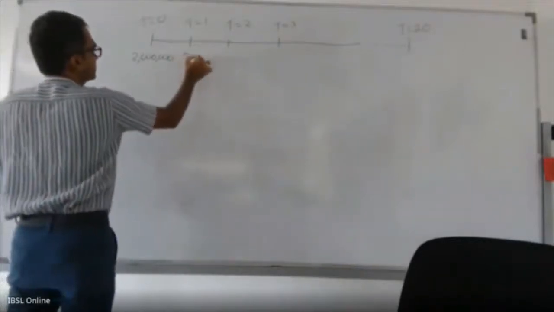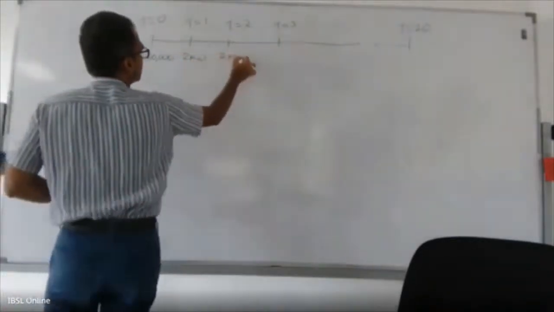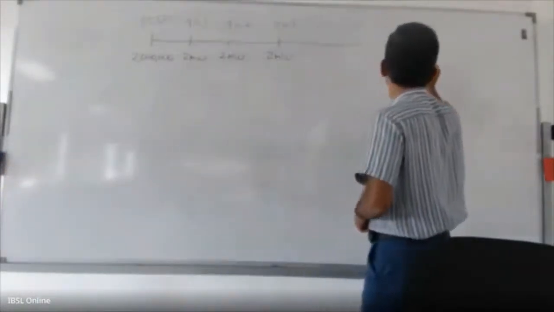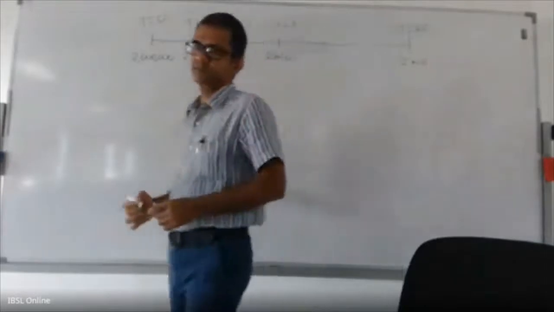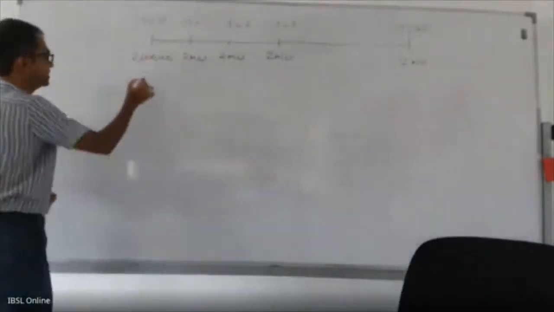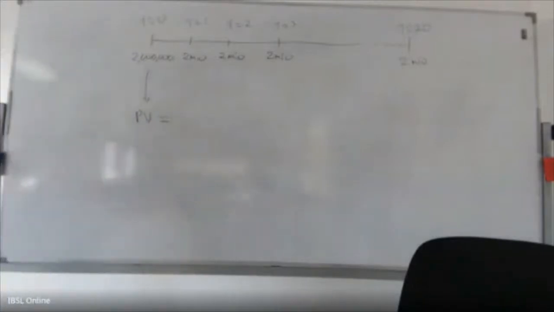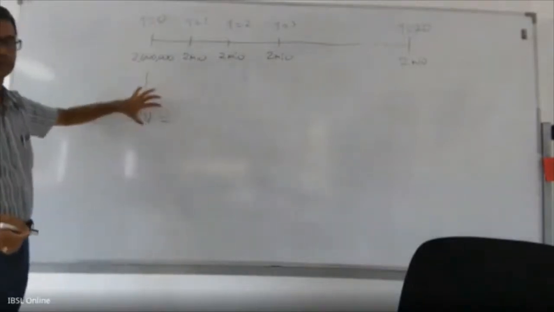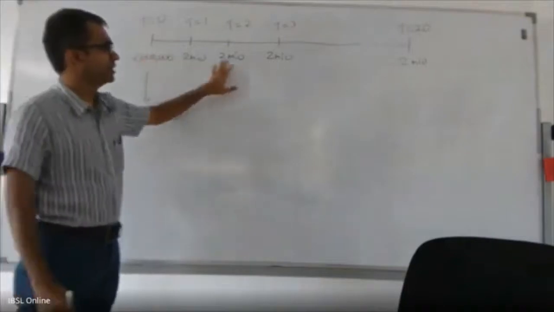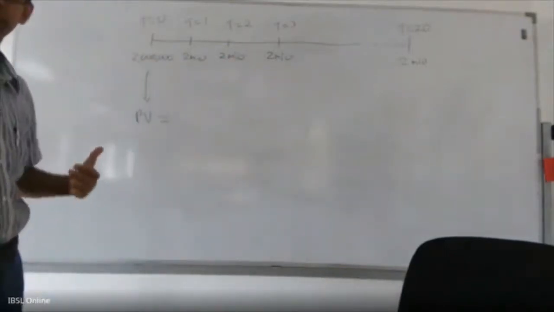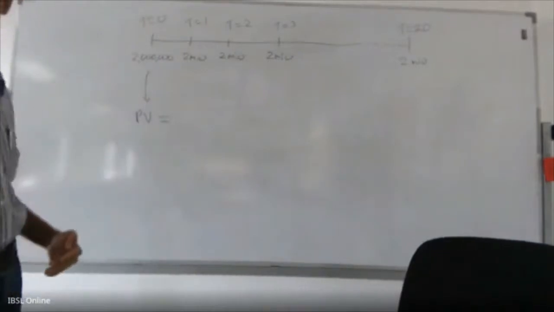So what we have to do is calculate the present value at this point. There are 20 cash flows received at the beginning of the period.